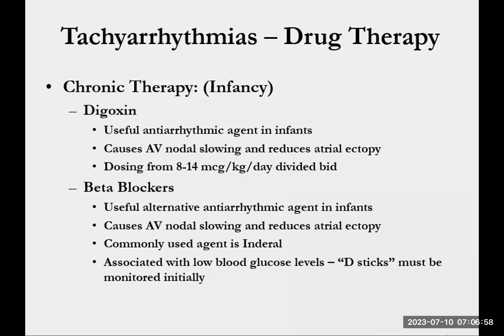It can cause AV nodal slowing, which is one of the mechanisms by which it works. It also reduces the amount of atrial ectopy that patients with SVT have, and those are the two main mechanisms by which it clinically works to reduce the chances of SVT.